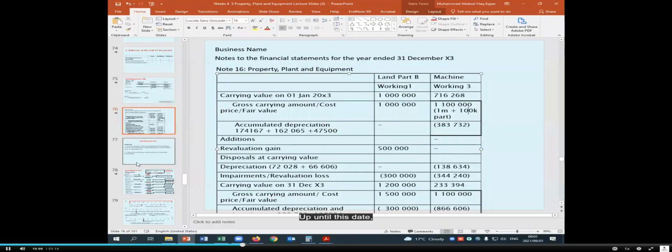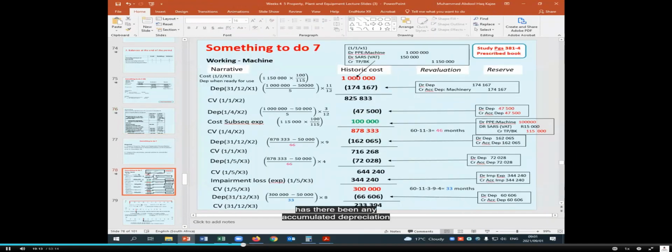Up until this date, has there been any accumulated depreciation or impairment? There's been accumulated depreciation. The first one was 174,000. The second one was 47,000. And the third one, remember, up until the beginning of 2003 was 162.